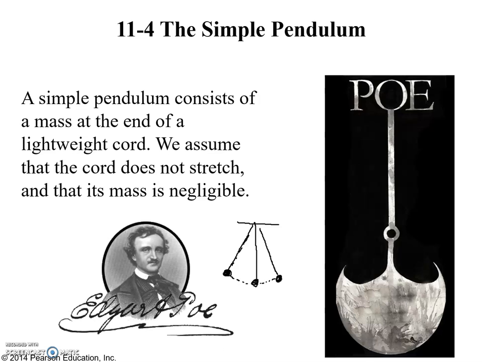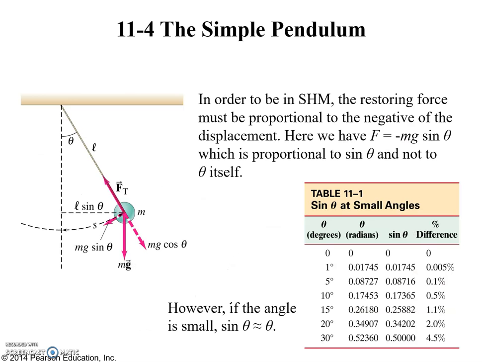So a pendulum is close to being a simple harmonic oscillator, but not exactly. The reason I say that is because the restoring force, the force that's going to bring the mass here back to its original position, comes from gravity, which has a component in this direction that's going to bring it back to the original position.